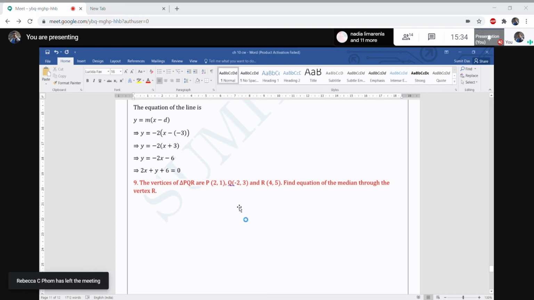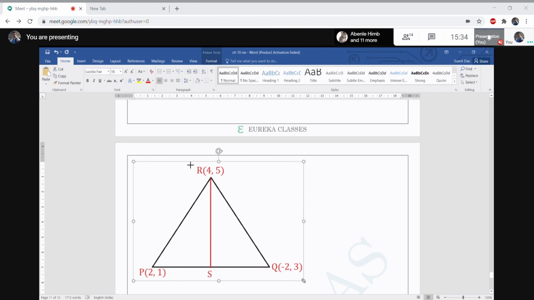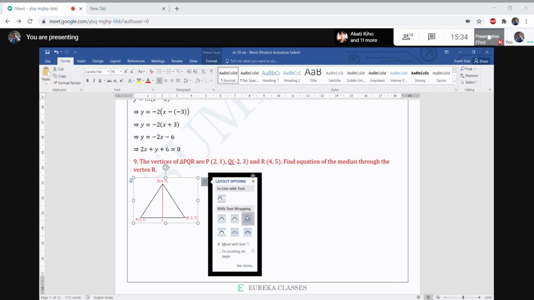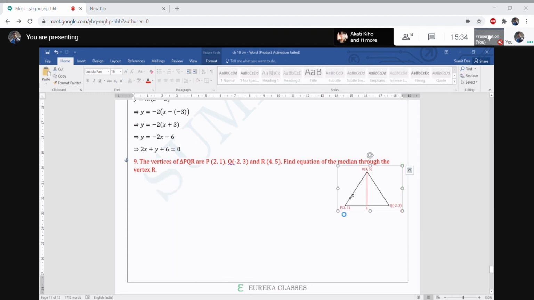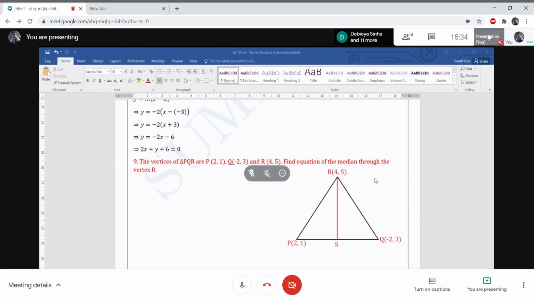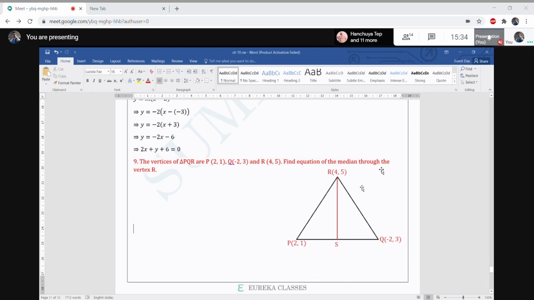Okay, this is our required diagram. You can see PQR are the vertices, the 3 points. In this PQR we have to find the equation of the median through R. That means suppose we take RS is the median.